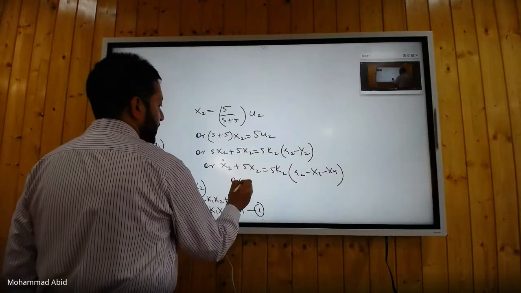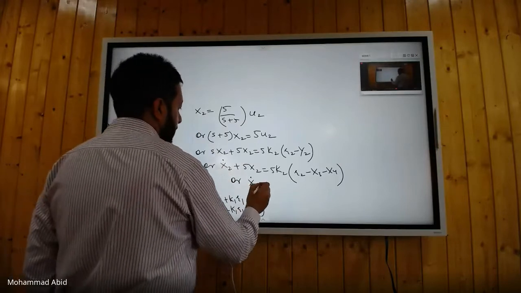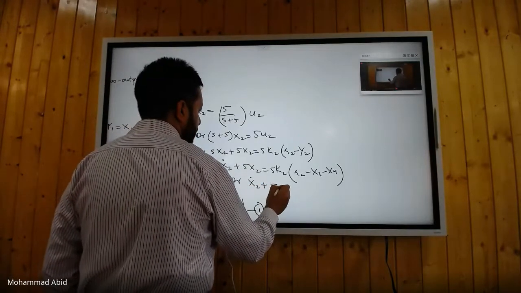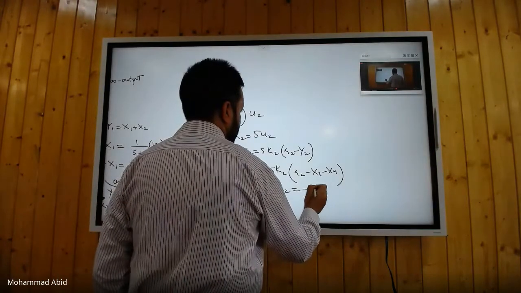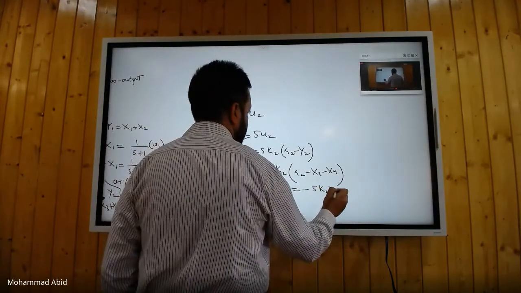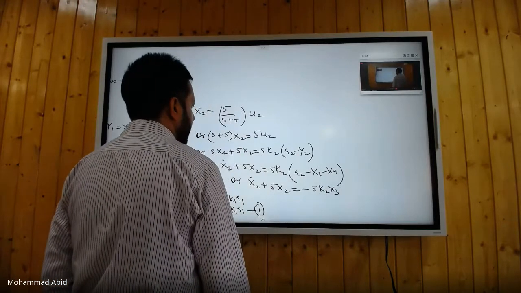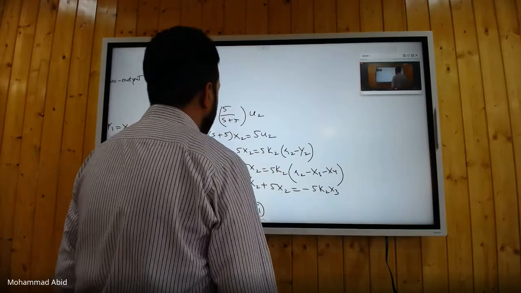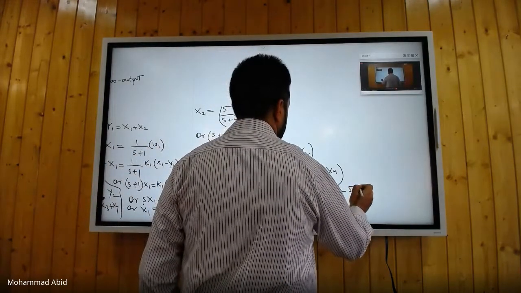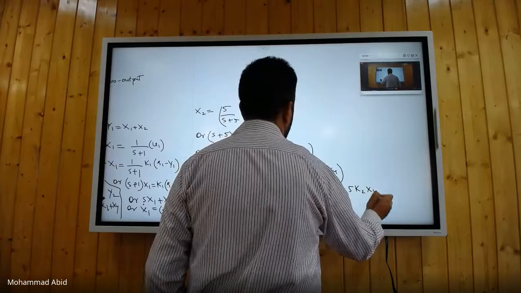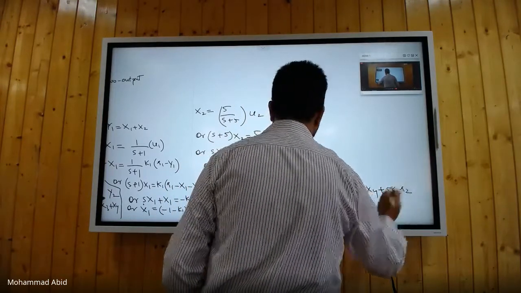Or I can write x2 dot plus 5x2 is equal to minus 5k2 x3 minus 5k2 x4 plus 5k2 r2.